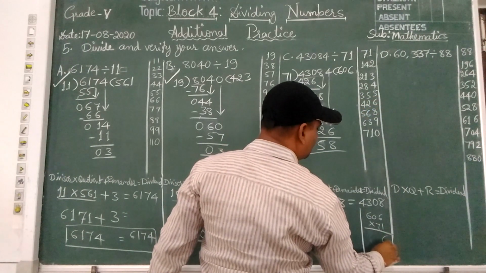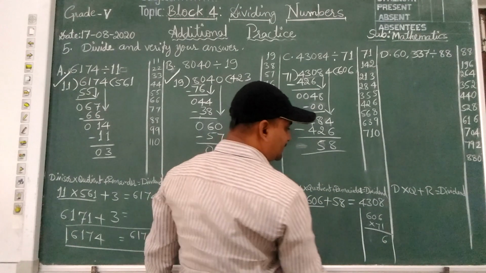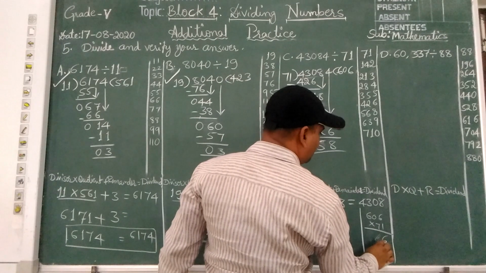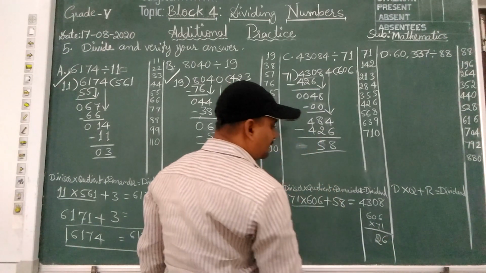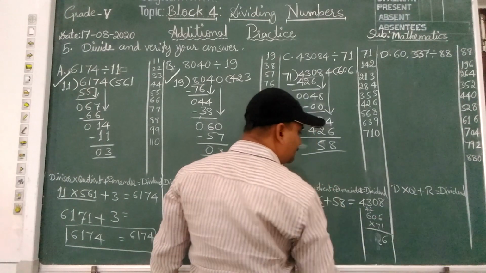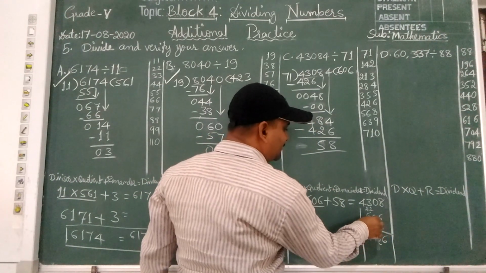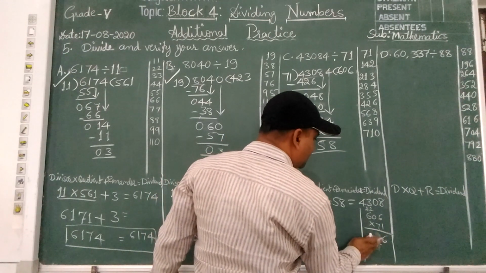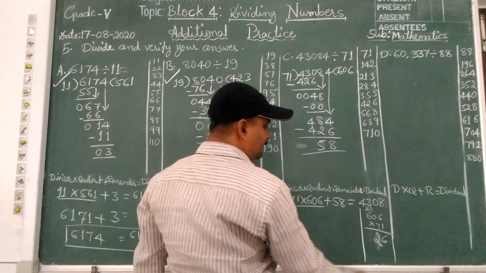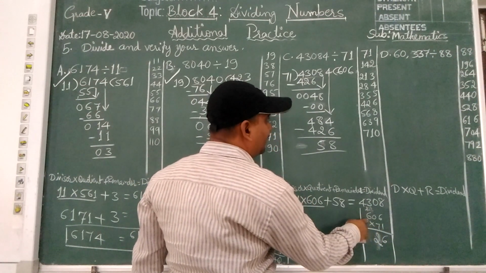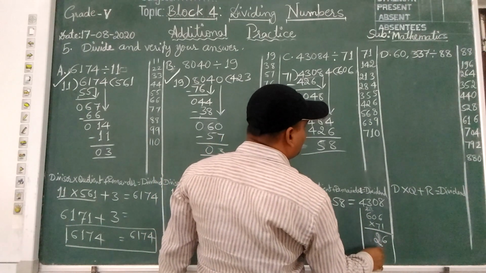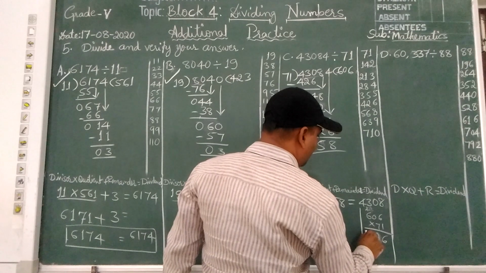So 426 means 6, carry 42. 71 zeros, 0 plus 42 is 42. Carry 4. So now 71 sixes again, 426. 426 plus 4 is 430.